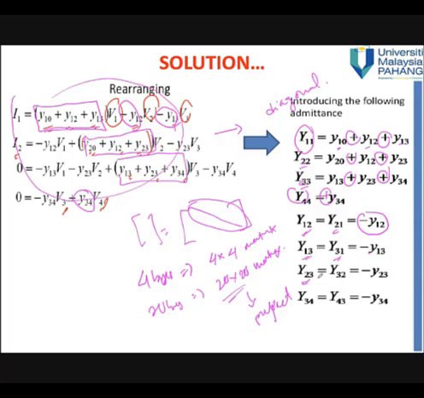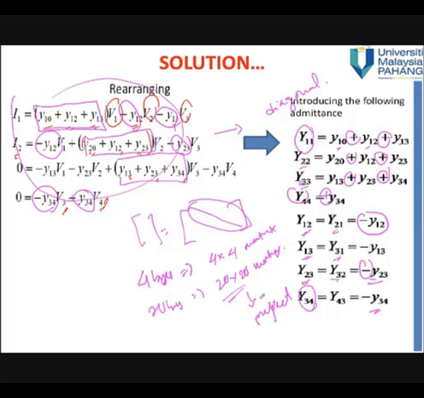Similar with 2, 3 and 3, 2, similar to this one 1, 2, right? Similar, this one 2, 3, is represented by minus Y23, and Y34, this one minus Y34.